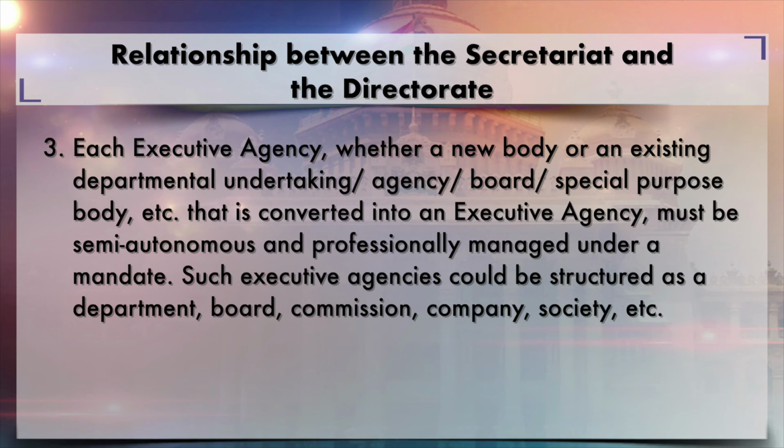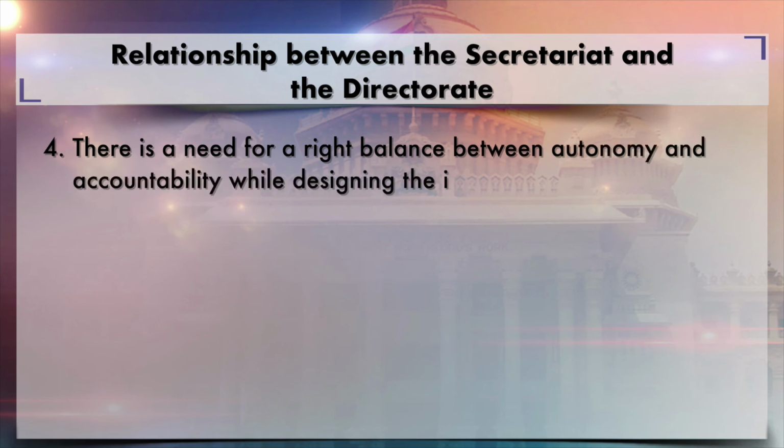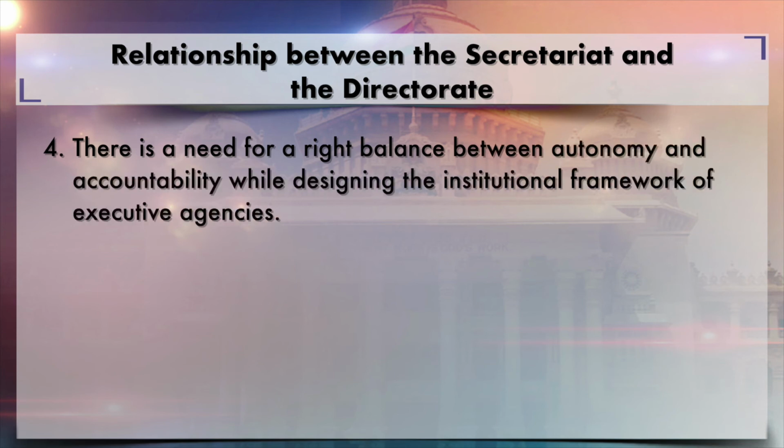Such an executive agency should be structured as a department, board, commission, company, society, etc. Number 4, there is a need for the right balance between autonomy and accountability.